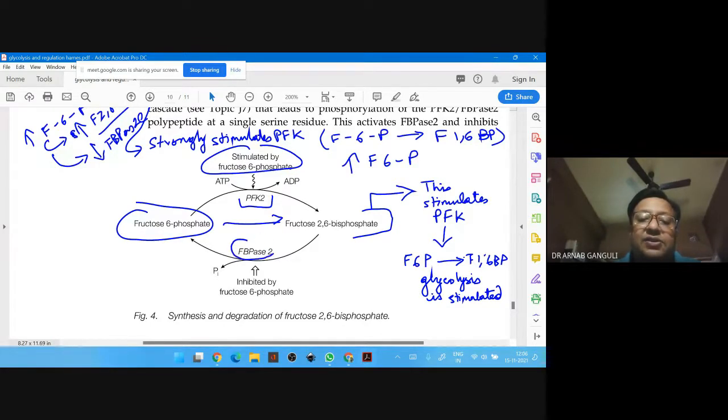FBPase 2. So when the levels are high, glycolysis has to be stopped. A very high amount of it inhibits FBPase.